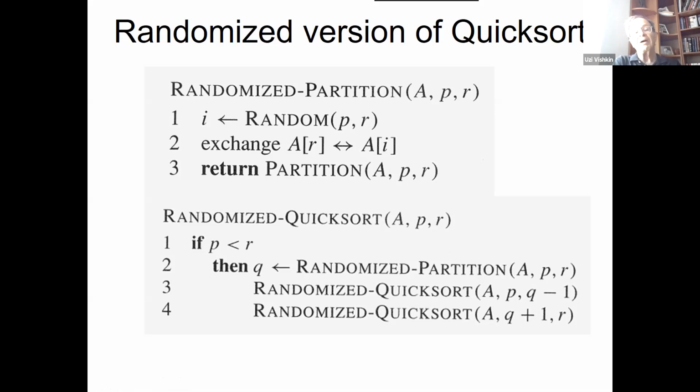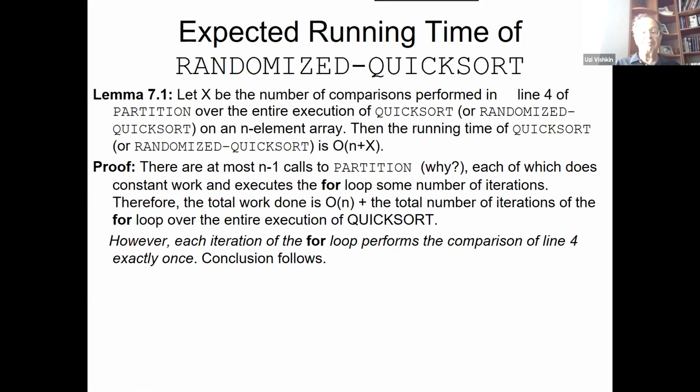Any questions about randomized quicksort, about the algorithm? Okay, if there are no questions about the algorithm, I'm now proceeding to the new element, which is the analysis of a randomized algorithm. And the analysis will be a probabilistic analysis.